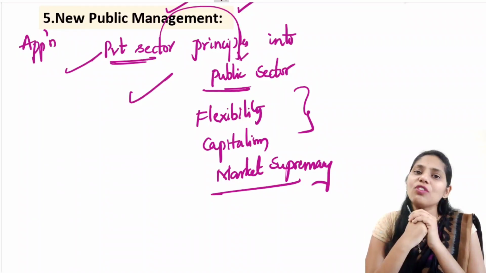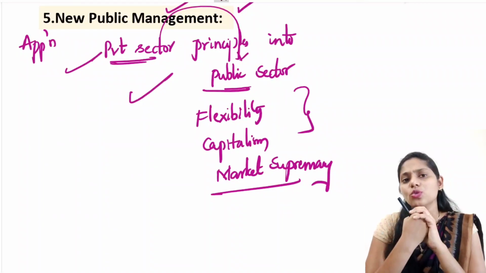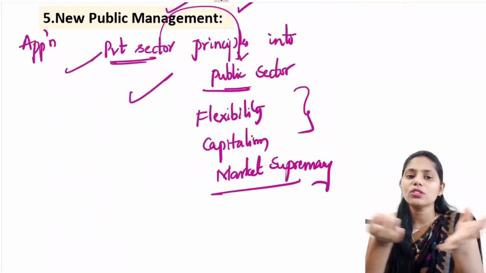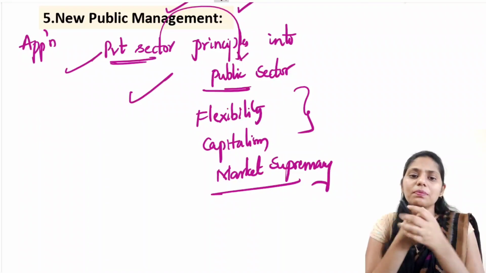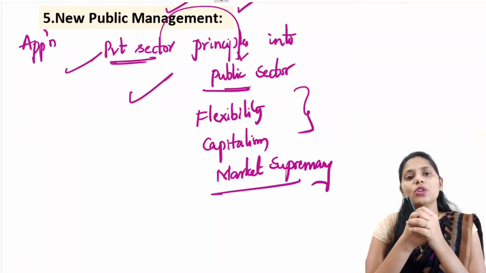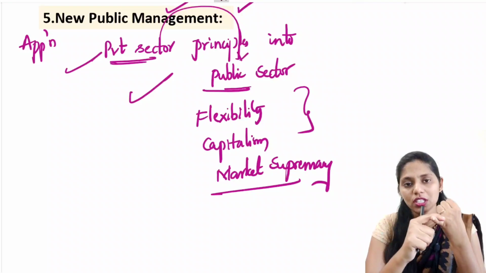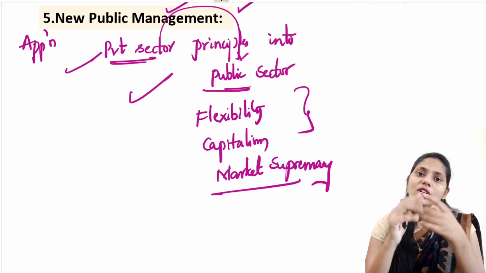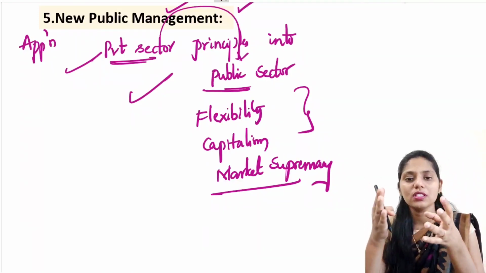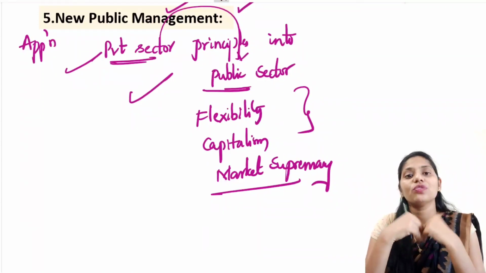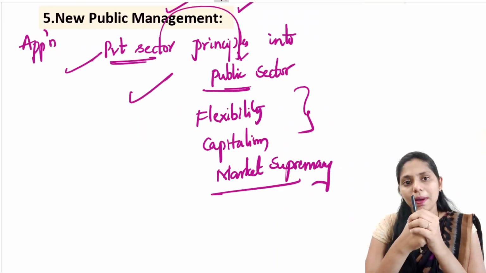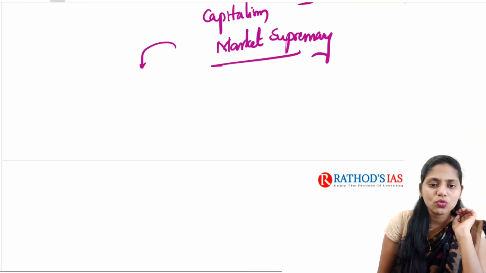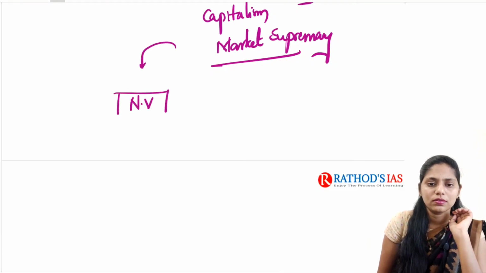It is called serpentine file movement, and even there is no automatic promotion that is mainly seen in public services. So because of this, we need to incorporate private sector principles such that we make the governance process efficient as well as effective, accountable, and transparent. So for all these things, we need to come up with this incorporation or application of private sector principles into our public sector.